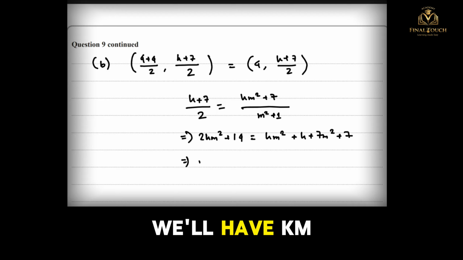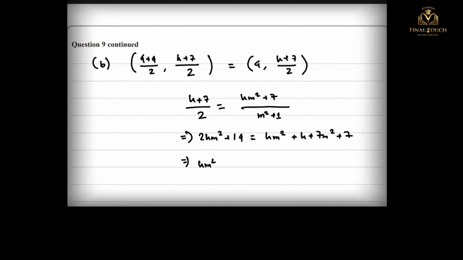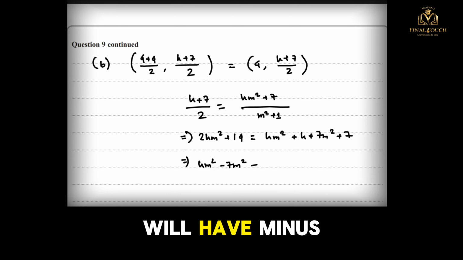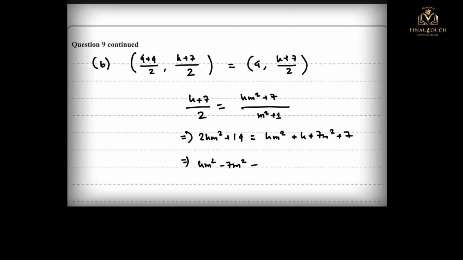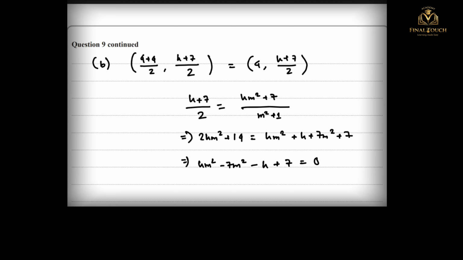We'll have km square minus 7m square minus k plus 7 equals 0.